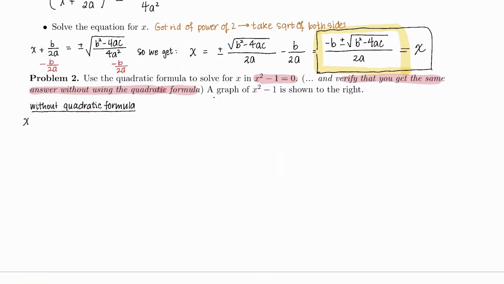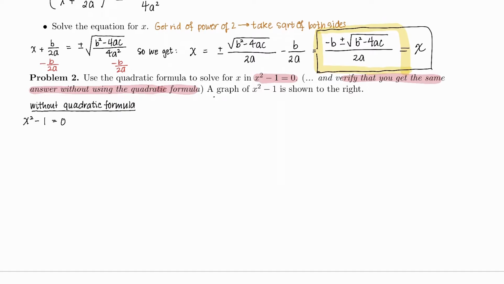So we've got x squared minus 1 equals 0. I know that if I want to solve for x, I need to get x on one side by itself, so I'll add 1 to both sides. And this gives me that x squared is equal to 1.